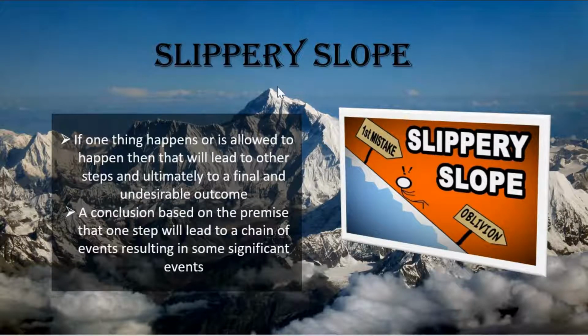So now let's move on to the slippery slope fallacy. If one thing happens or is allowed to happen, then that will lead to other steps and ultimately to a final and undesirable outcome. Let's suppose you propose a proposition which is based on no evidence, no valid reasoning, but only on your assumption.